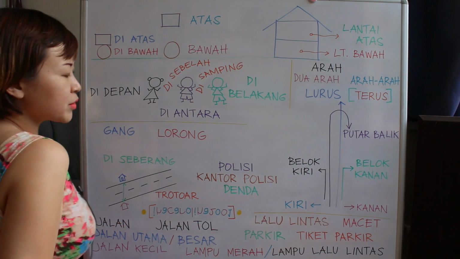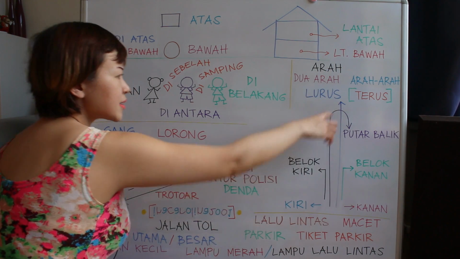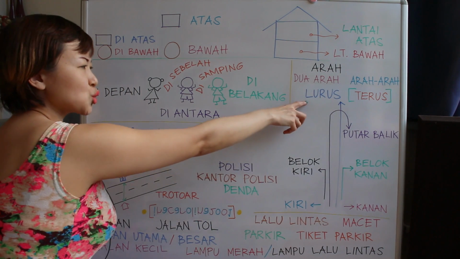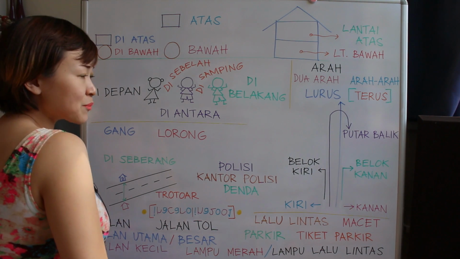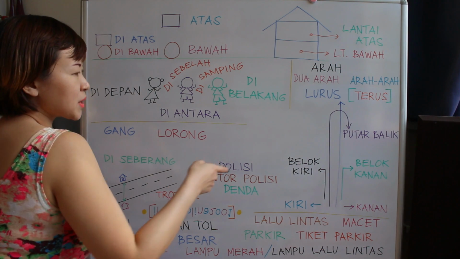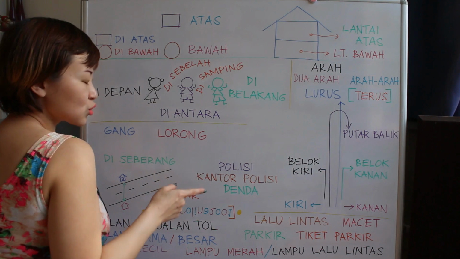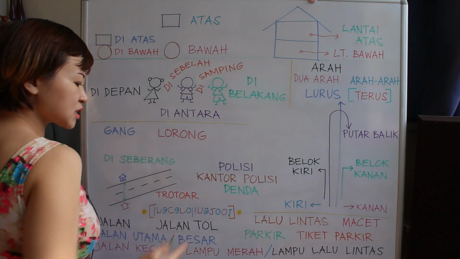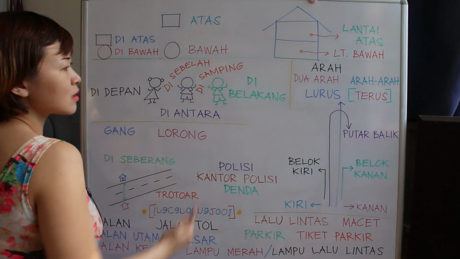Yeah, we'll move a bit. And straight ahead is lurus. But sometimes you will hear people add the next word, terus. Lurus itself means straight, and it can also mean straight ahead.